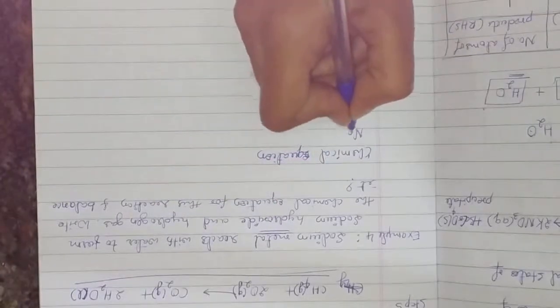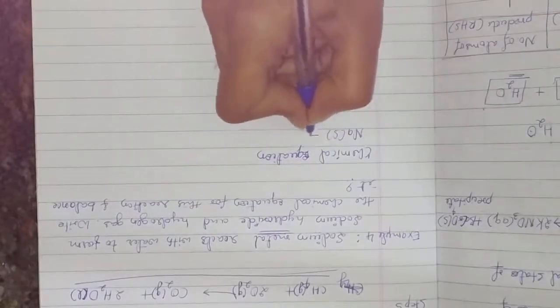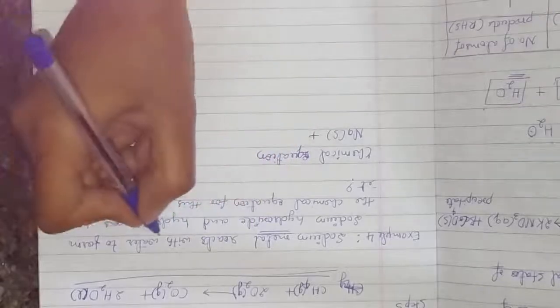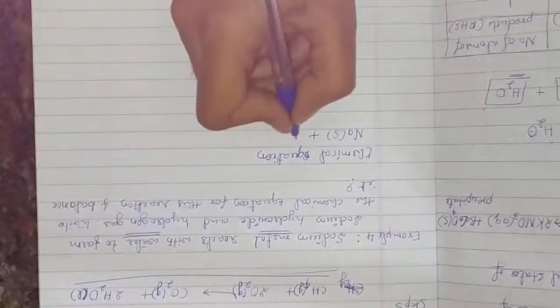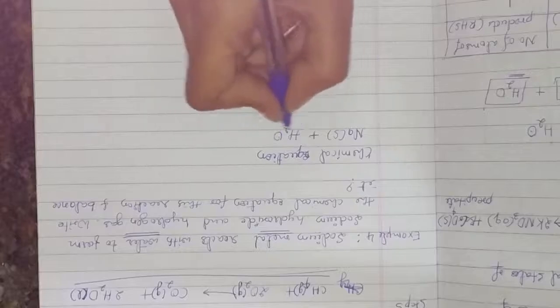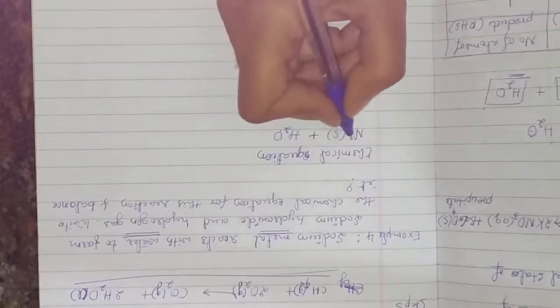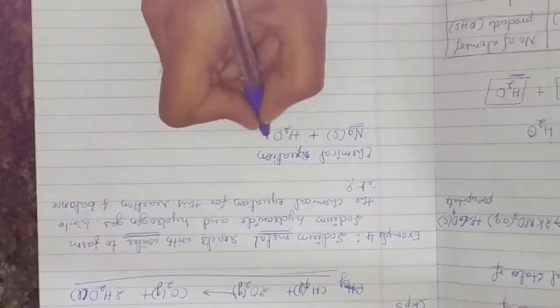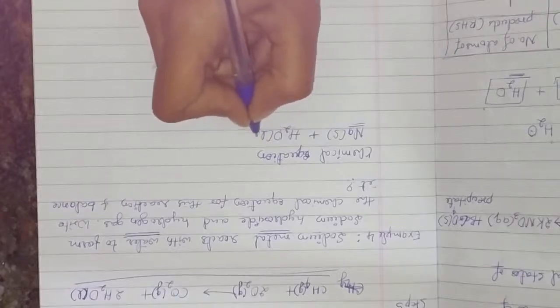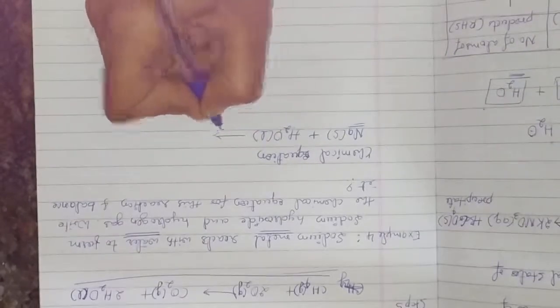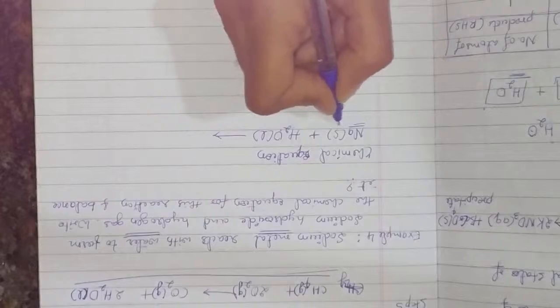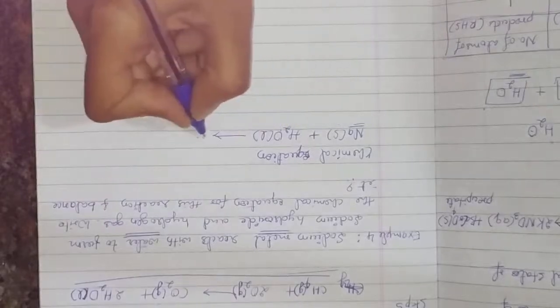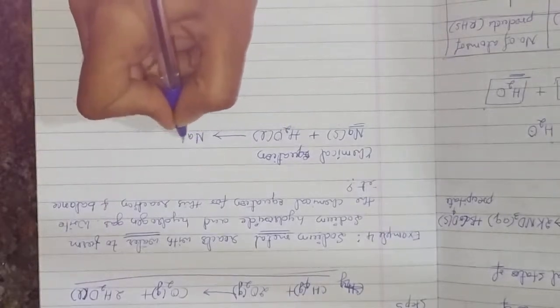So sodium metal reacts with the water. You know that molecular formula of water is H2O and symbol of the sodium metal is Na. So this water is in liquid state. This sodium metal reacts with water to give sodium hydroxide.